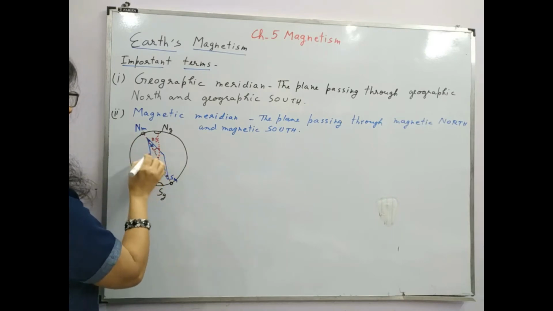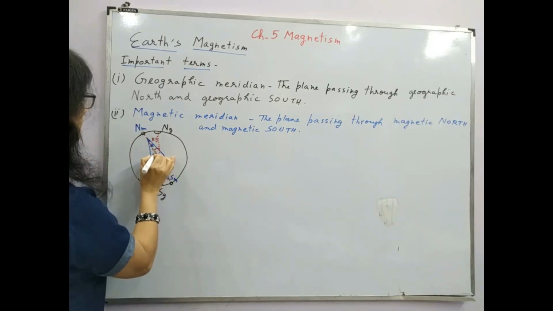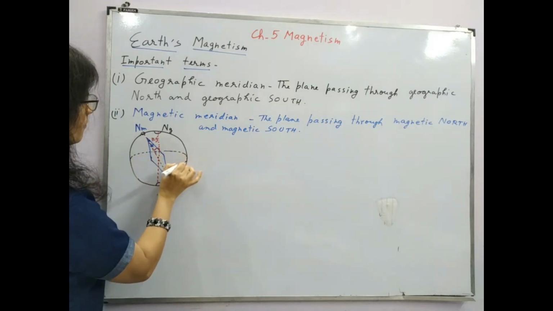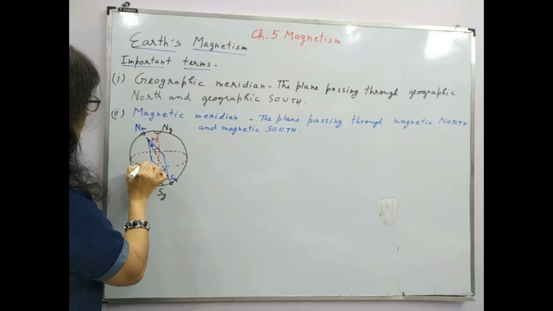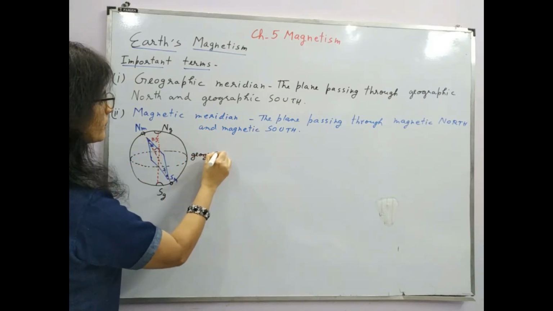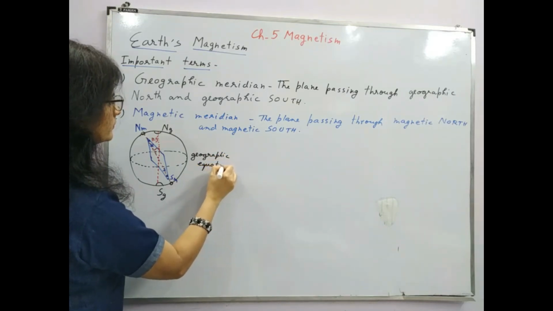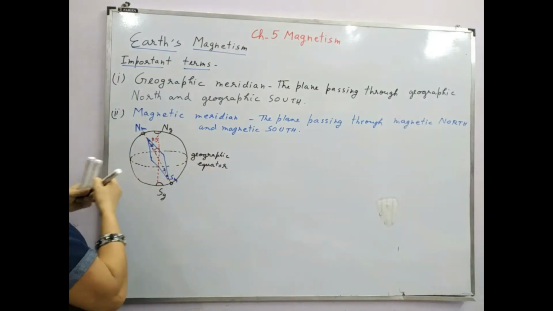If we look at this figure, I can draw this as the geographic equator. And what will be the magnetic equator?